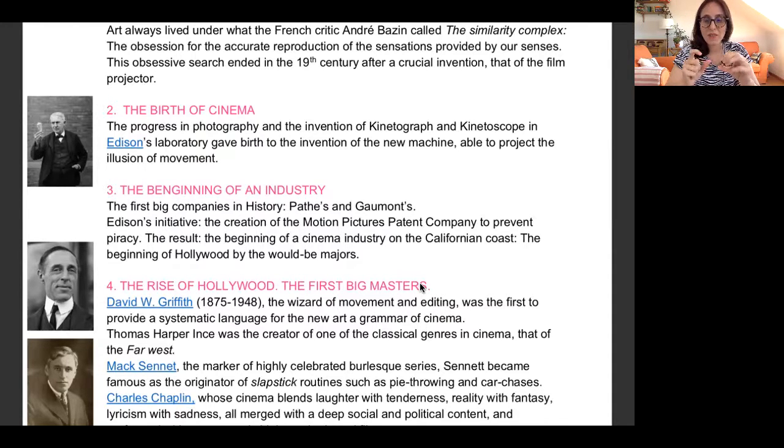Edison's initiative, the creation of the Motion Pictures Patent Company to prevent piracy. The result, the beginning of a cinema industry on the Californian coast, the beginning of Hollywood by the would-be mayors. The rise of Hollywood, the first big masters.